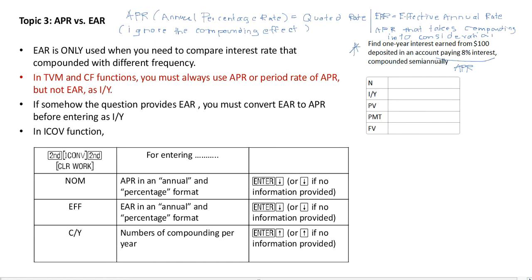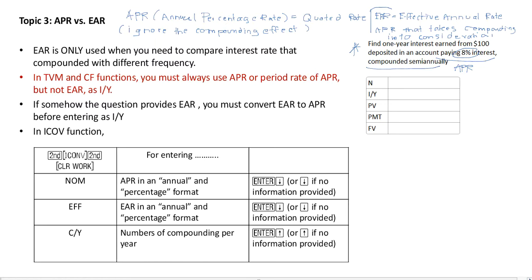It doesn't take the effect of the semi-annual compounding into consideration. So 8% is simply the quoted rate, which doesn't mean that it is the interest rate that you earn or pay. The real interest rate that you earn or pay will be this piece.